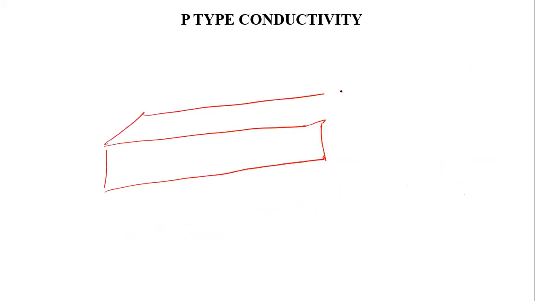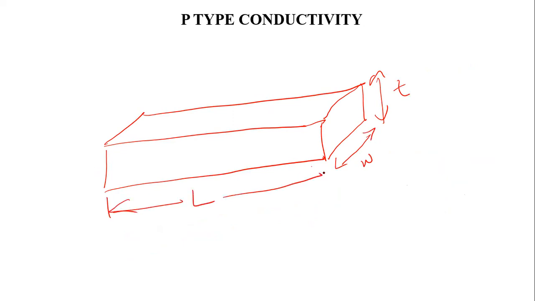Now, instead of this cylindrical, suppose I have a rectangular semiconductor, something like this, having thickness T, width W, and length L. So the cross-sectional area here in this case will be the area denoted by this shaded region.